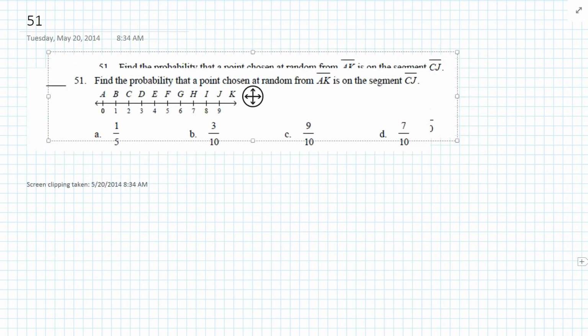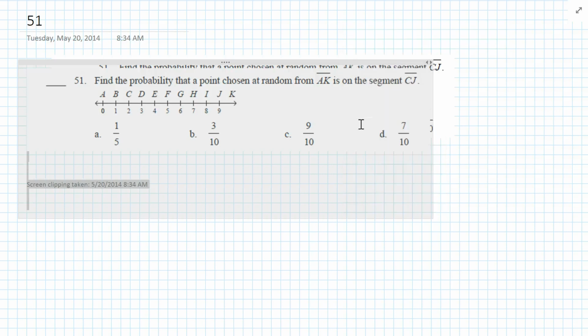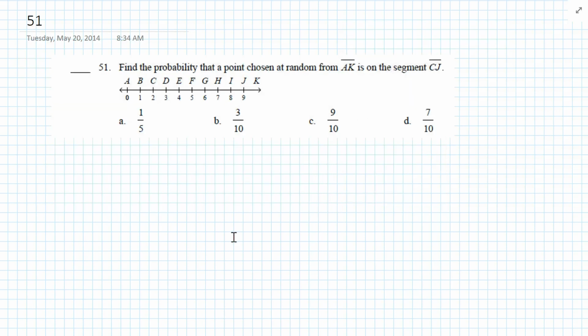51. Find the probability that a point chosen at random from AK is on segment CJ. Well, let's find out what the length of AK is. 1, 2, 3, 4, 5, 6, 7, 8, 9, 10.